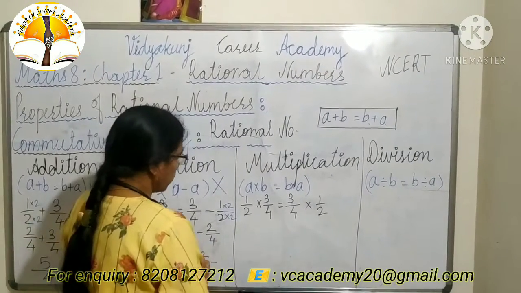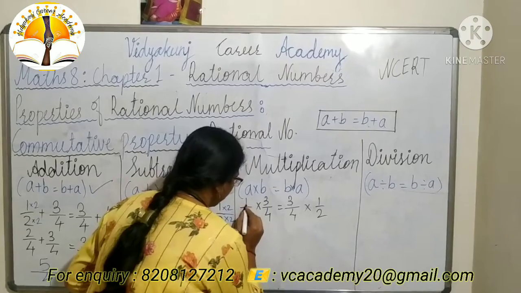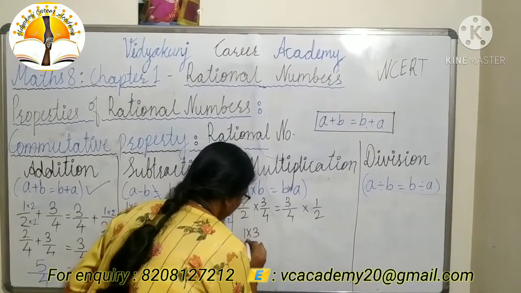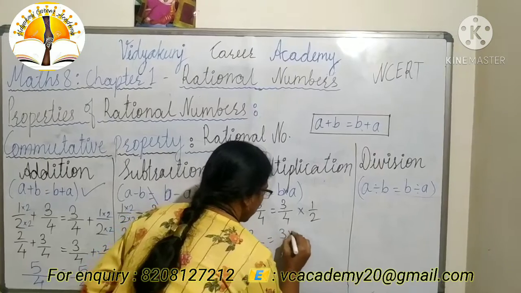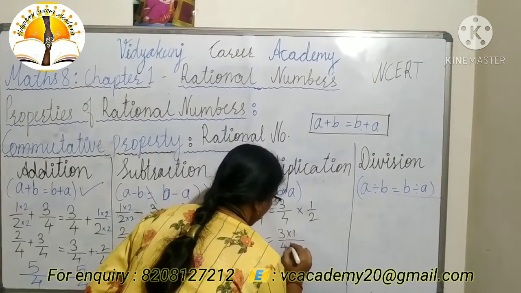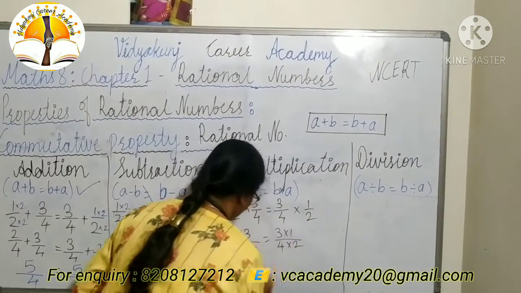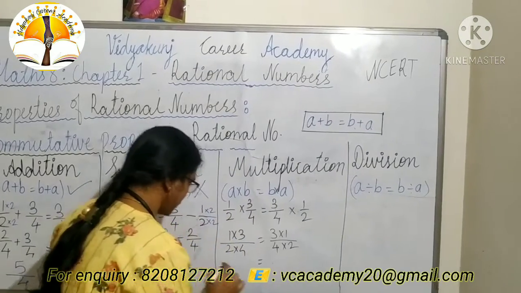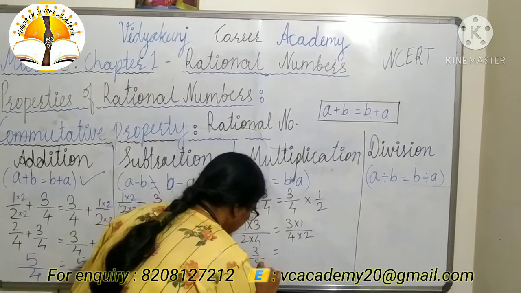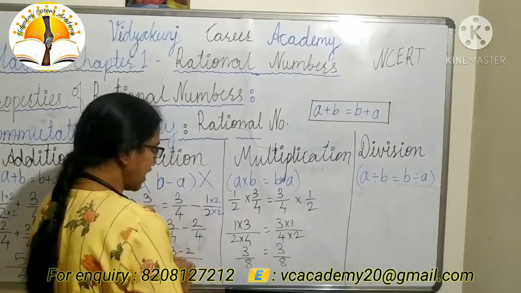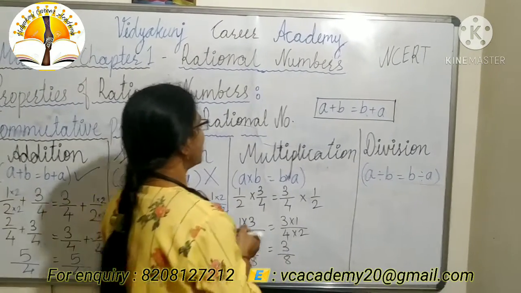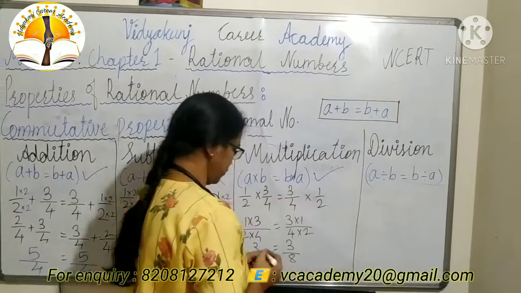Okay. Now, we have to do 1 into 3, 2 into 4. Okay. Here also, 3 into 1, 4 into 2. What is its answer? 3 by 8. Here also 3 by 8. These answers are same. So, it is commutative.